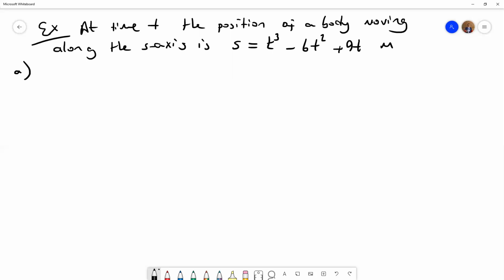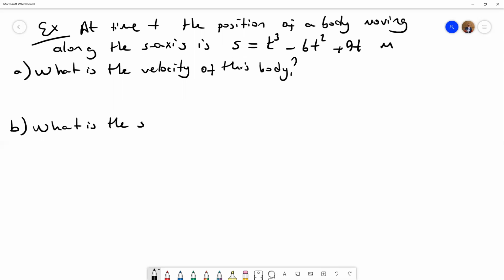A, what is the velocity of this body? First, we have to find this one. Second, what is the speed?